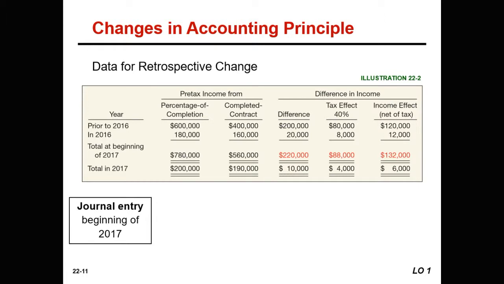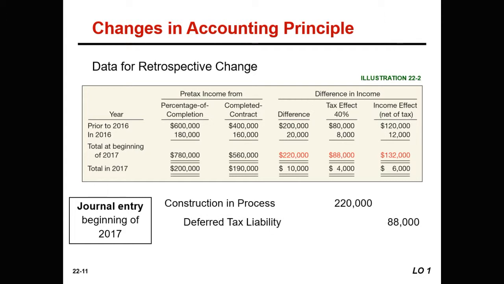So the data we would use for retrospective is that we would need to take the difference between the percentage of completion and the completed contract method, net of tax. So we would have $220,000 that we would add to our construction in process.